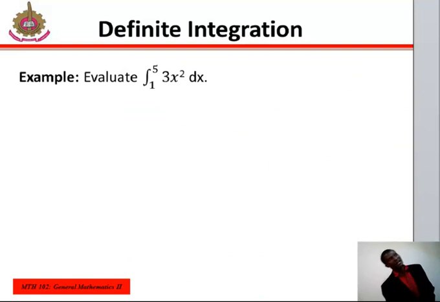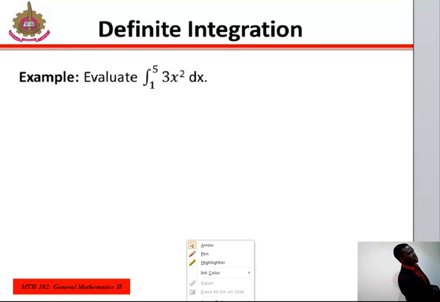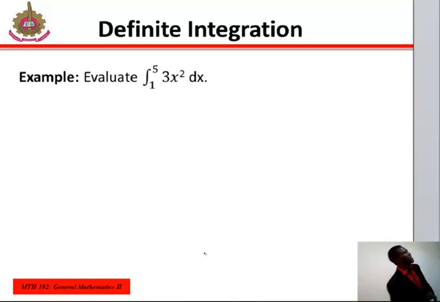To further have a better understanding, let's go through this function again. Now, if you are asked to evaluate the integral of 3x squared dx from 1 to 5, you first of all consider the multiplication by constant rule, that is bringing the constant outside.